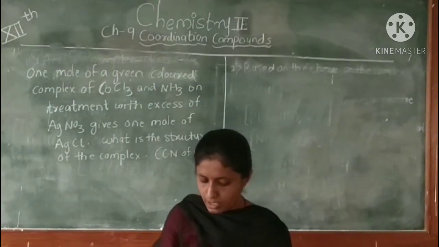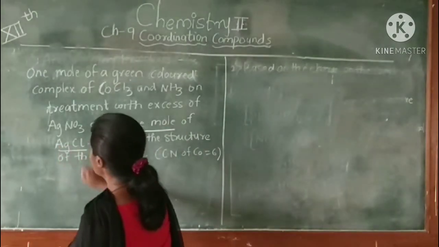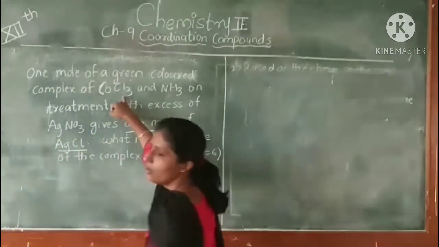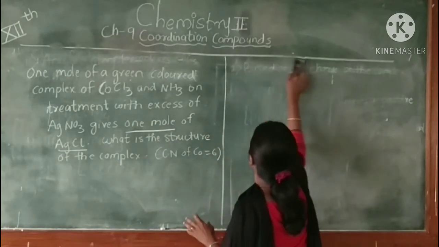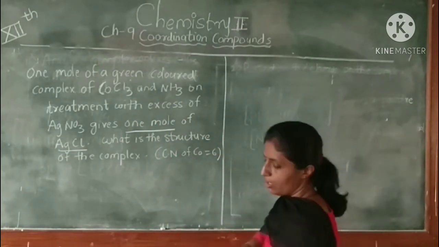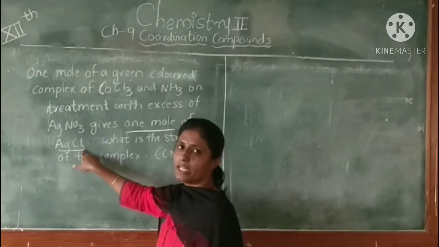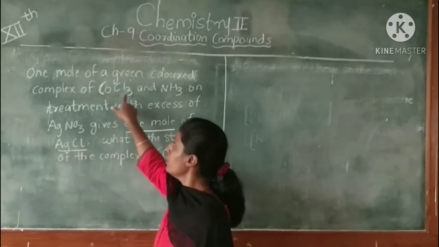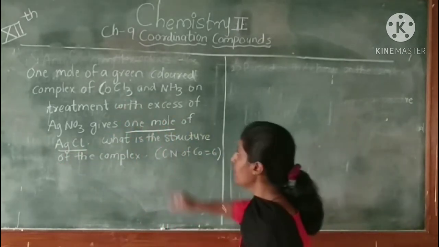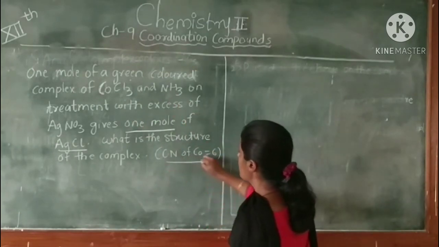Since you are getting only 1 mole of AgCl, only 1 chloride ion is ionizable in the complex. Out of 3 chloride ions, only 1 chloride is forming product with Ag.